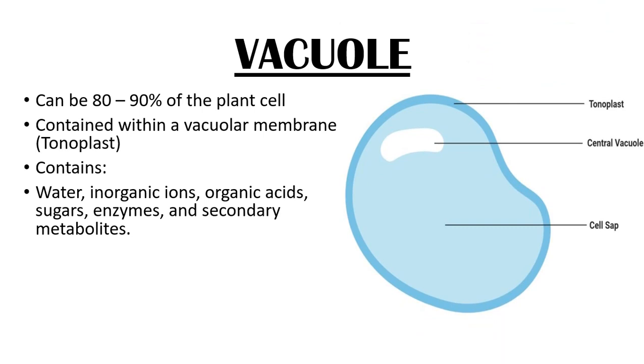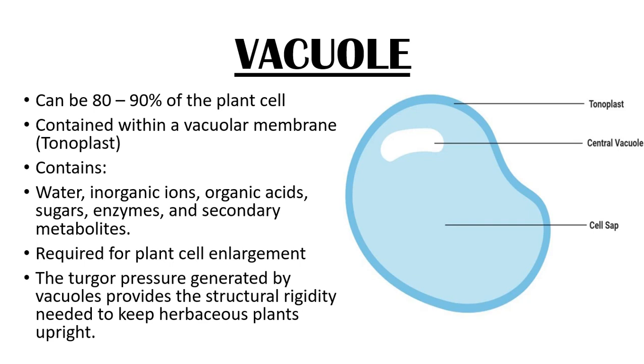The inner part of the vacuole is called cell sap. Vacuole is responsible for cell wall enlargement by creating turgor pressure. The turgor pressure generated by vacuoles is responsible for providing rigidity or turgidity to the herbaceous or soft plant, which keeps them in an upright position.